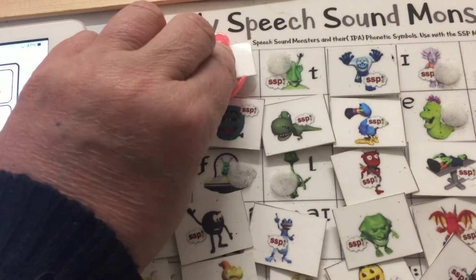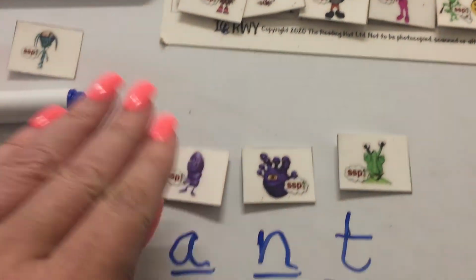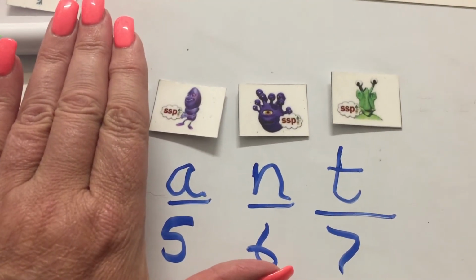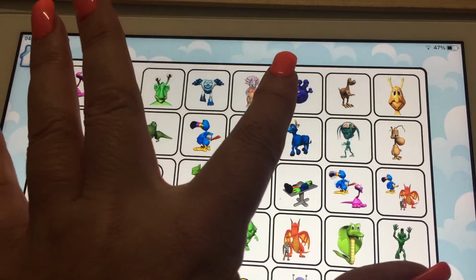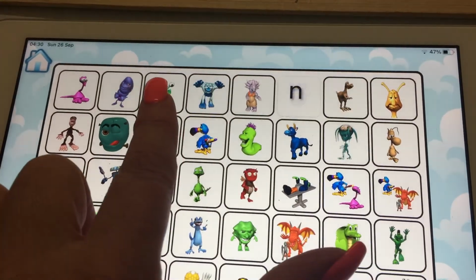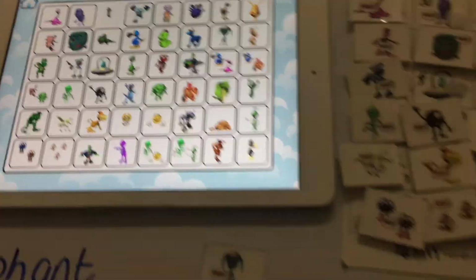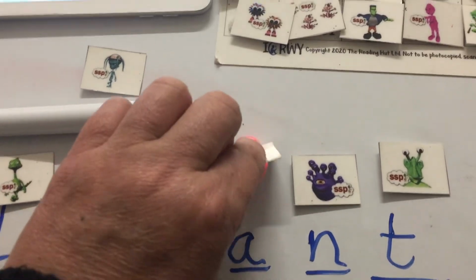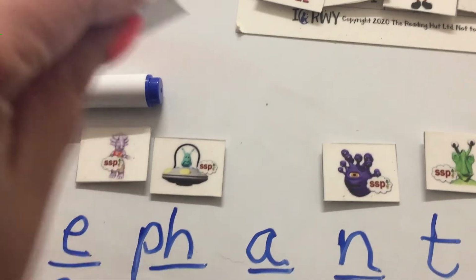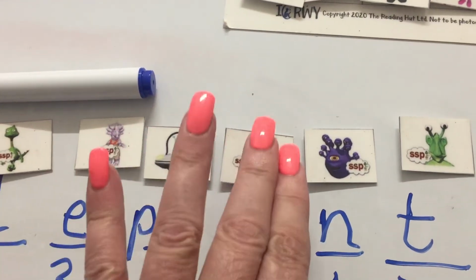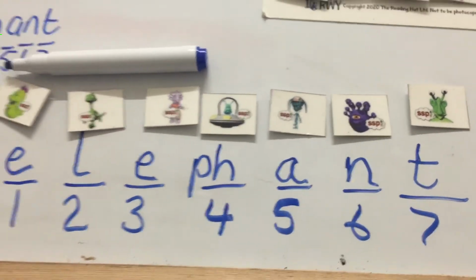That would be the a, because the word would be ant. But in this word, when we're talking on paper, we don't say elephant, do we? We say elephant. So that's the schwa.